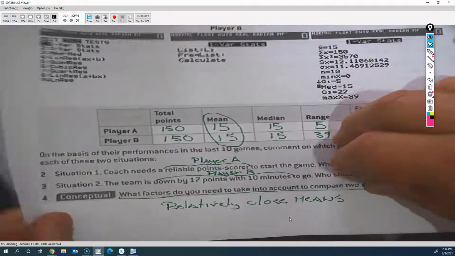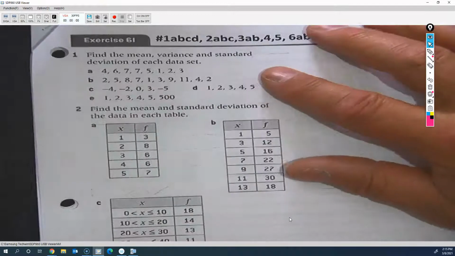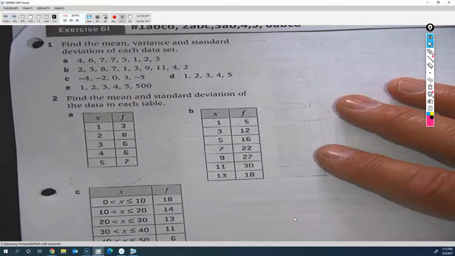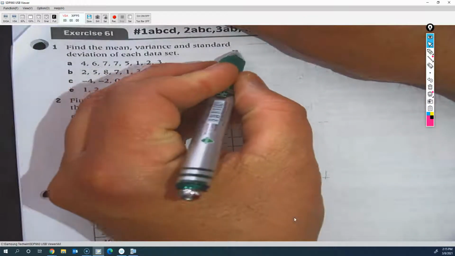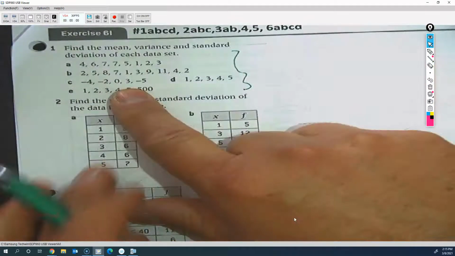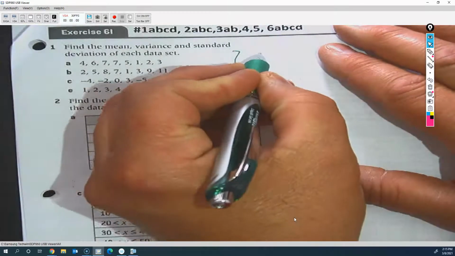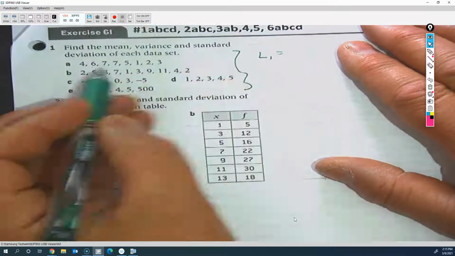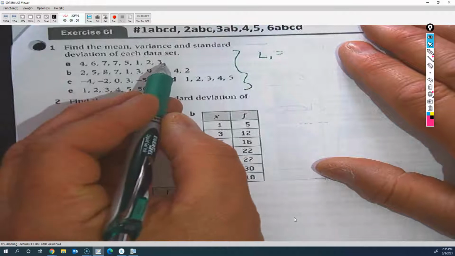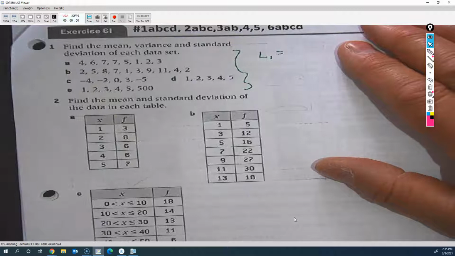All right, so for tomorrow, you're going to do this assignment. It looks like a lot, but it's really just plugging it into the calculator. So on this part right here, you're just going to use a single list. So I'm just going to type it, a single list of numbers. Single list, then hit compute or calculate.